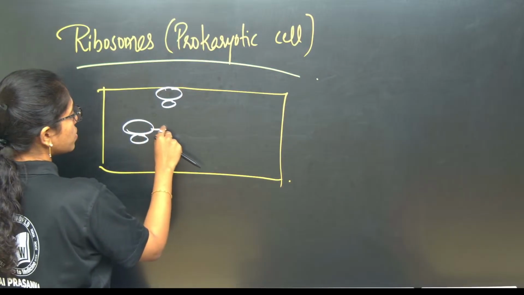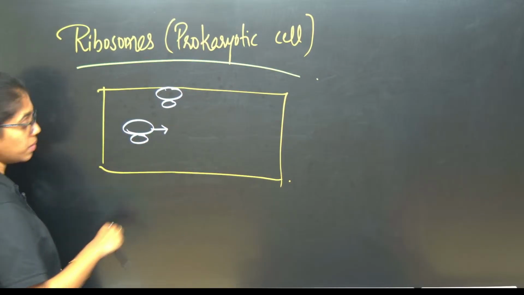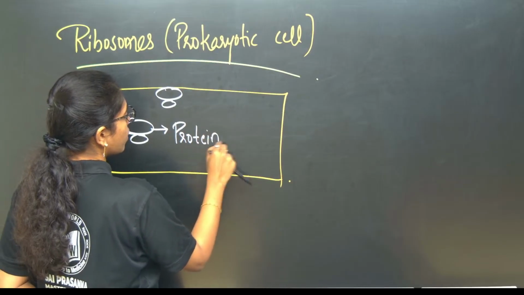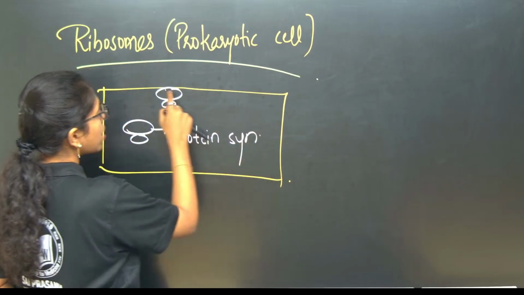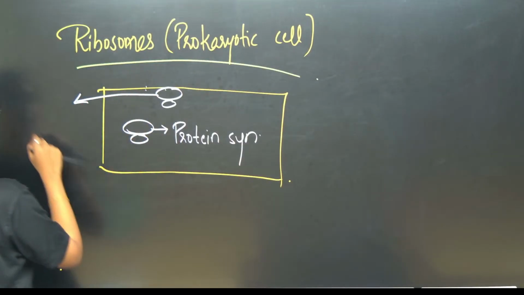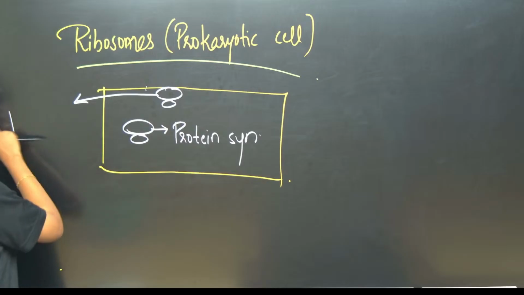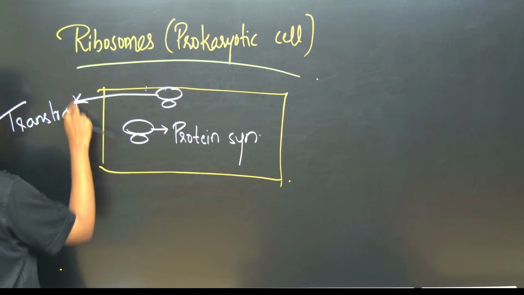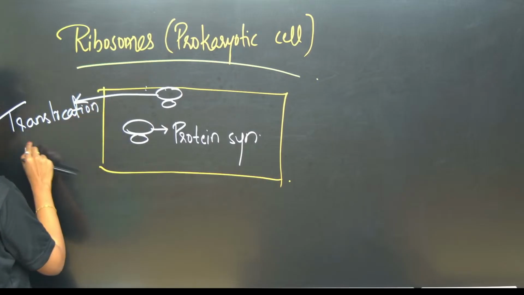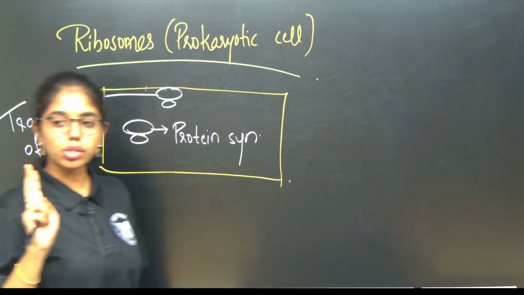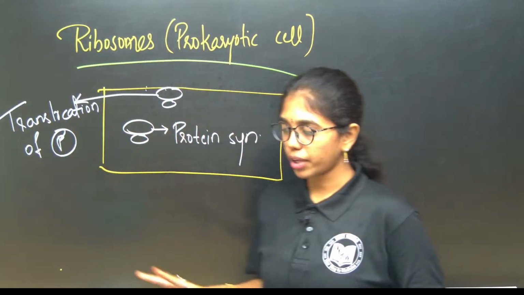Those ribosomes inside the cytoplasm are involved in protein synthesis. And those ribosomes attached to the cell membrane are involved in the synthesis and translocation of proteins. These are the 2 locations of ribosomes inside a prokaryotic cell.